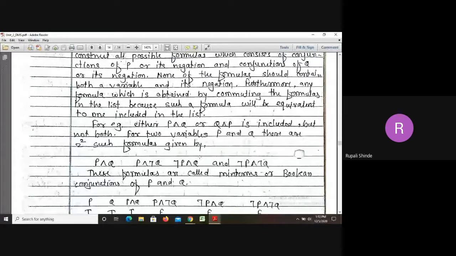So what is a minterm? That is given here. If P and Q are the two variables, then we can obtain 2 raised to 2, that is 4 possible values. So what are those? P and Q, P and negation Q, negation P and Q, negation P and negation Q. All these formulas are called minterms.